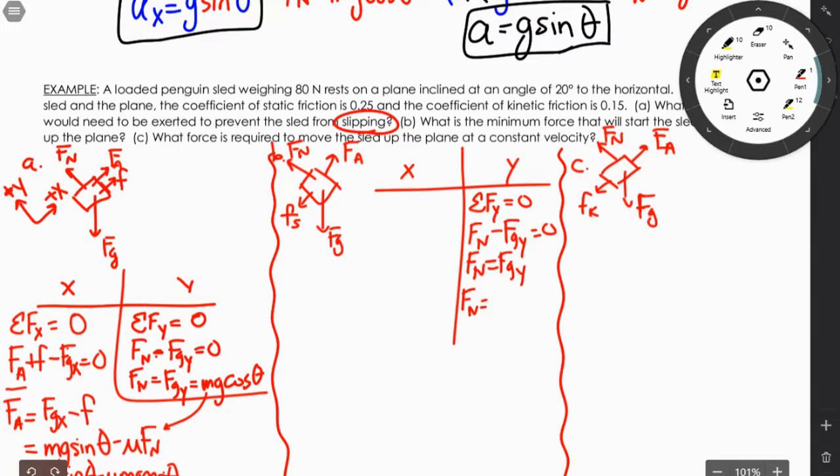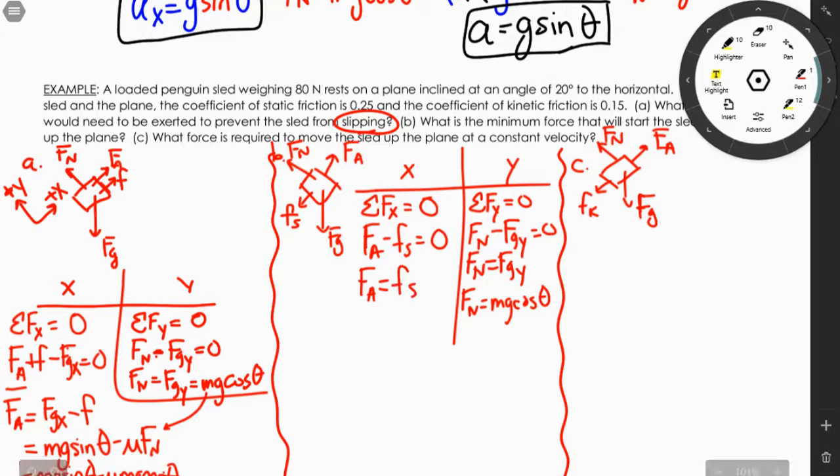Fn equals mg cosine theta, right? That's typically what happens when we have these problems. So we have the sum of the forces in the x direction equals 0. Remember, when we're doing anything with static friction, it's always going to equal 0. So Fa minus Fs equals 0, and that's going to tell us that the applied force is going to equal the friction force.